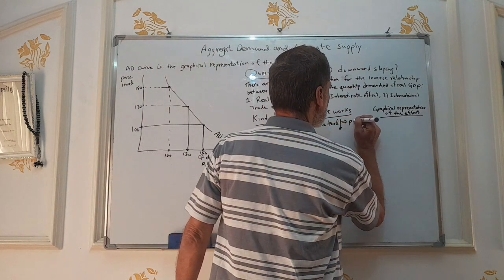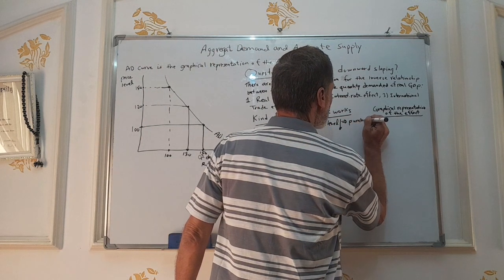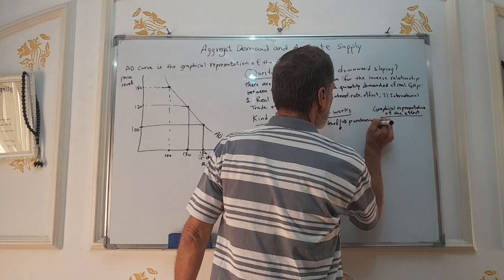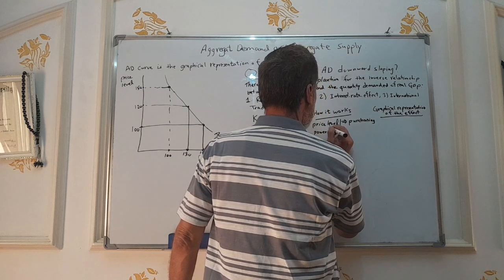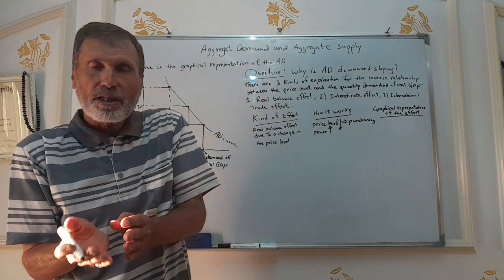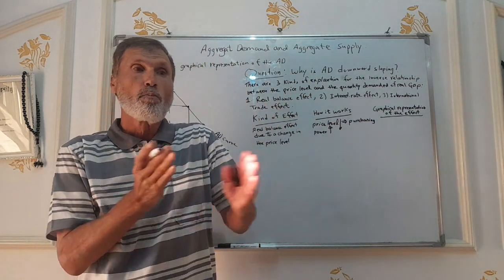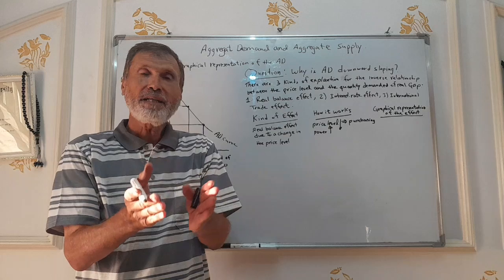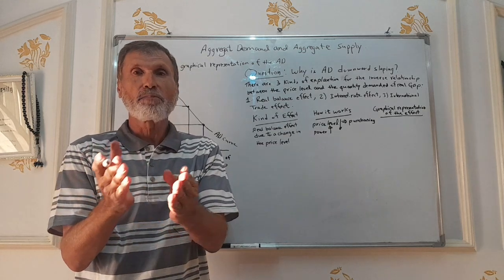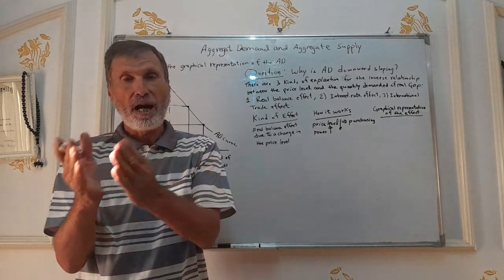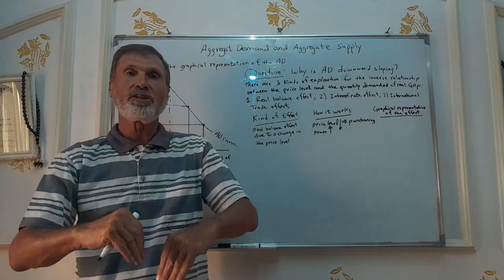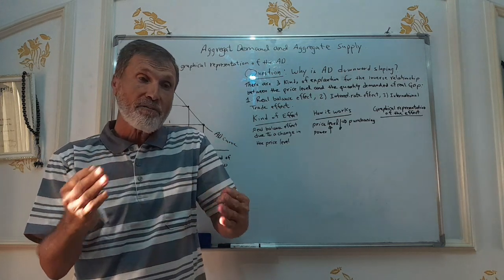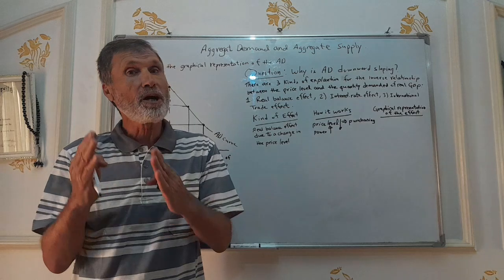So the $1,000 that once bought 10 microwave sets when the price of each microwave is $100, now when the price level decreased to $50 per microwave, the consumer is able to purchase how many?